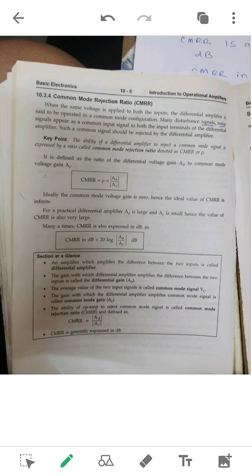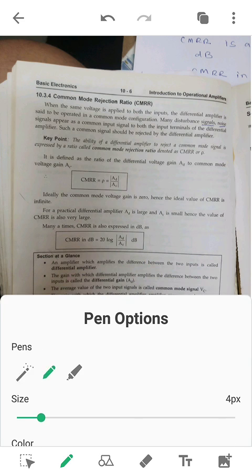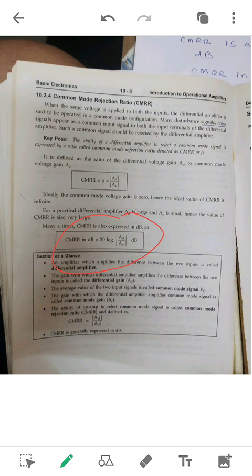That rejection of the unwanted noise and disturbances from the input signal is called the common mode rejection ratio, CMRR.